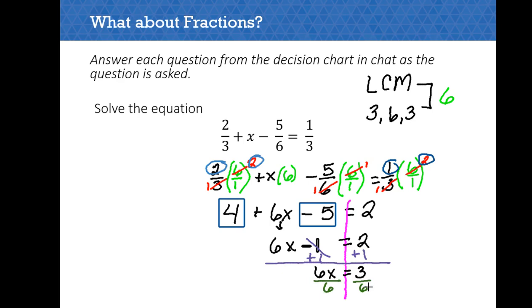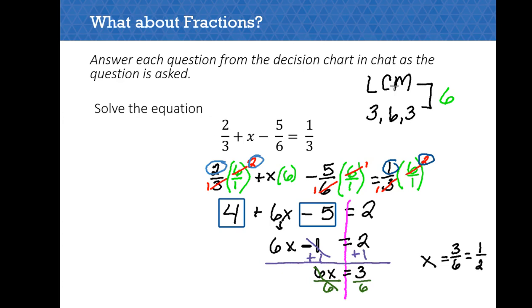So I divide by 6 on both sides. These 6's are going to cancel out, which leaves me with just my x. Just because I'm running out of room, I'm right over here. So x equals 3 over 6. My answer can be a fraction, and that's okay. But I can simplify 3 over 6 into 1/2.